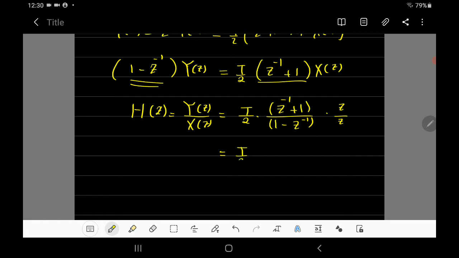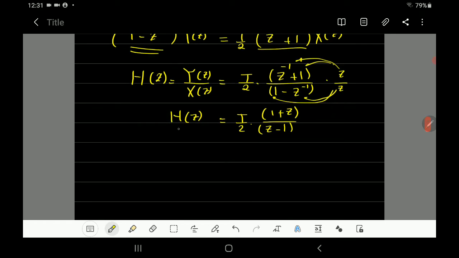So you have T over 2 times, when you multiply z by z^-1, we'll have 1 plus z. You do the same thing, multiply here and here, so z plus, minus 1. That will be H(z).